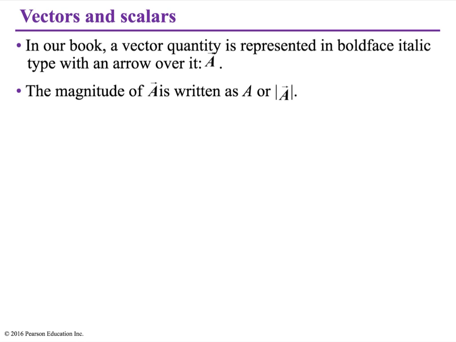There's some notation that goes along with this as well. In our book, it's relatively easy for them to represent vectors because they'll represent them with a boldface and with an arrow over it. And so that becomes an issue because when we're writing vectors, we can't write in boldface. So we always want to be careful that we use the notation with this arrow on the top to denote and emphasize that we're thinking of a vector.